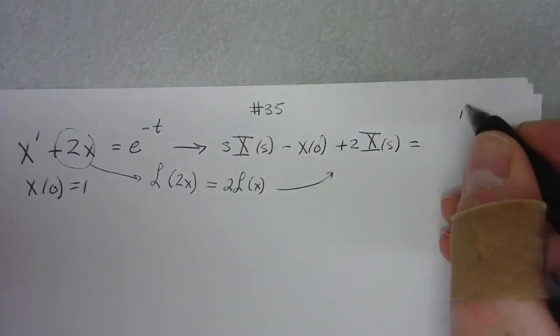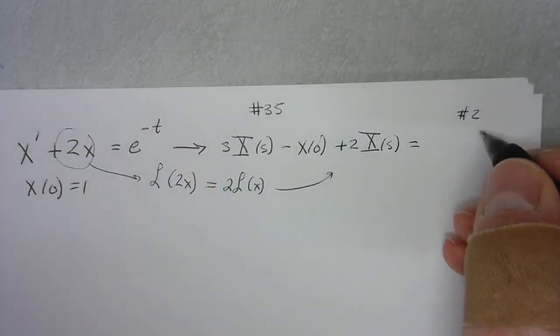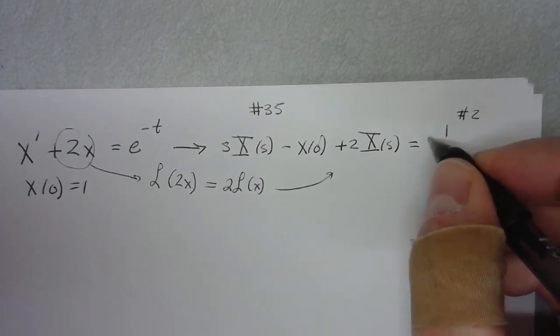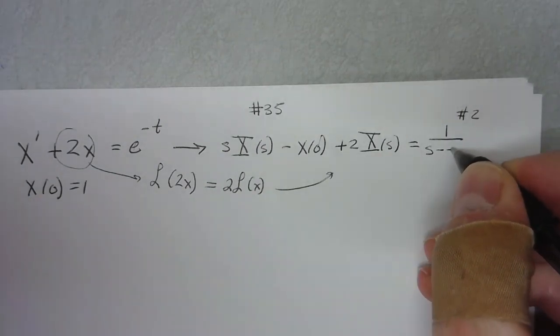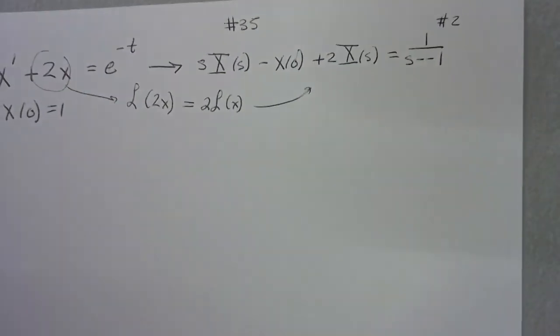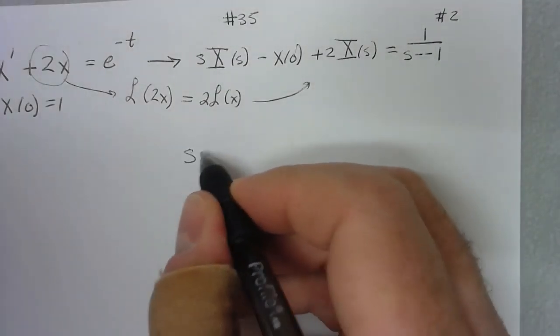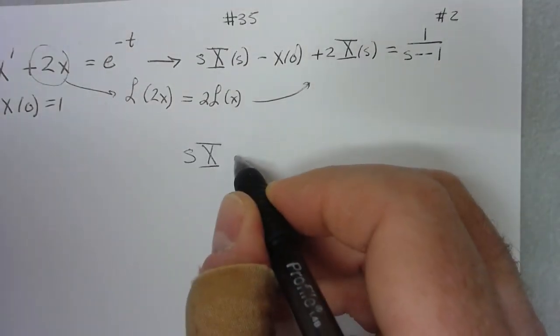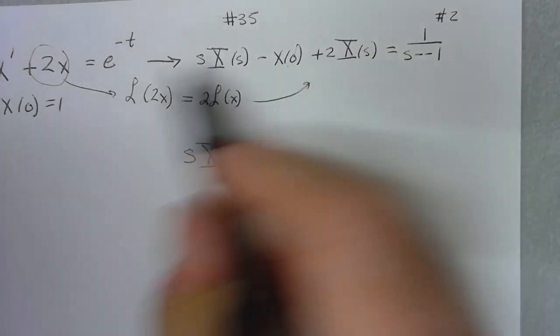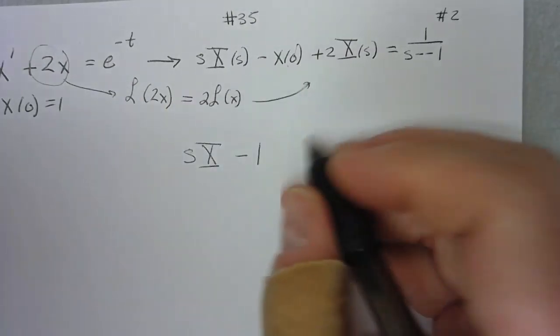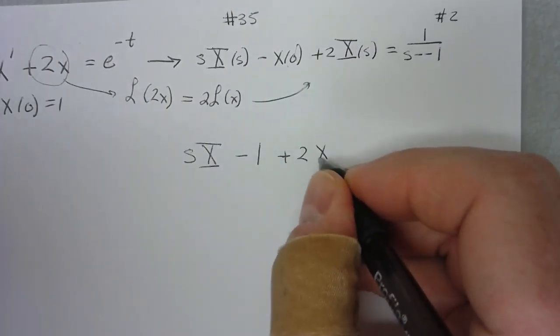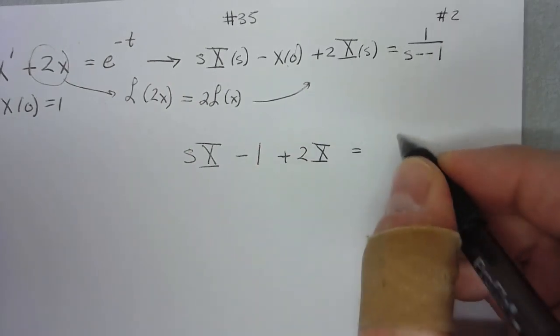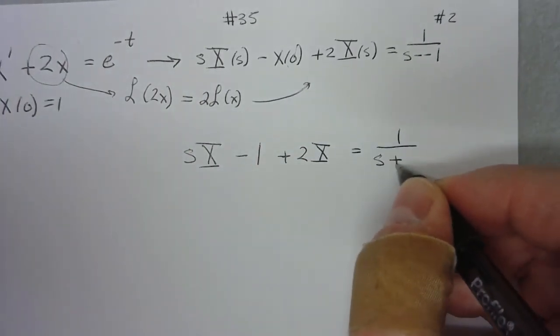That's number 2 in the table, 1 over s minus a, so 1 over s plus 1. So then we have s capital X minus 1, because in this problem the initial condition is 1, plus 2X equals 1 over s plus 1.